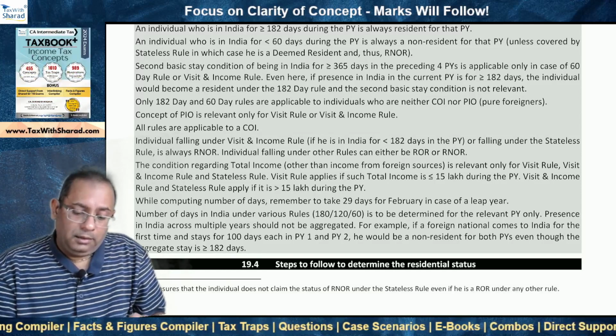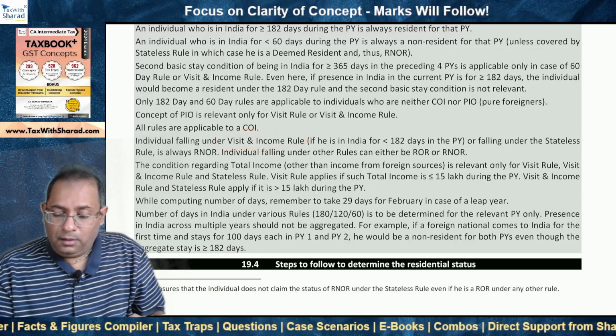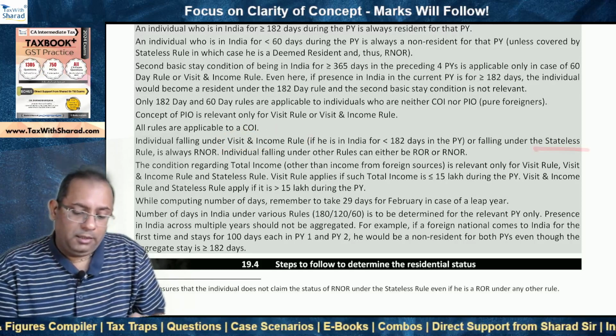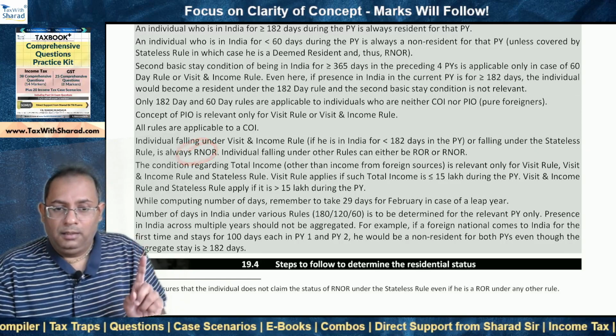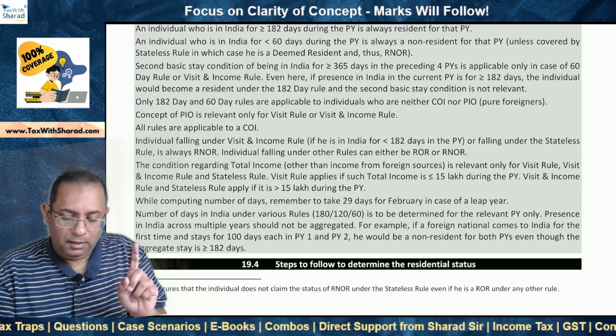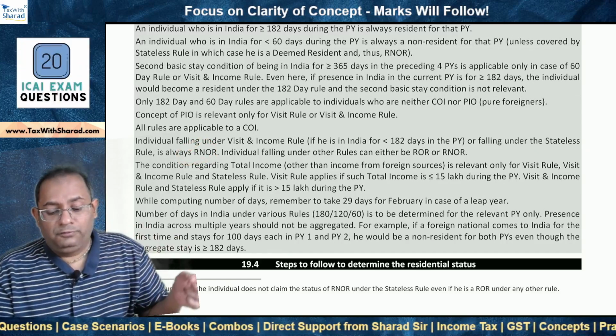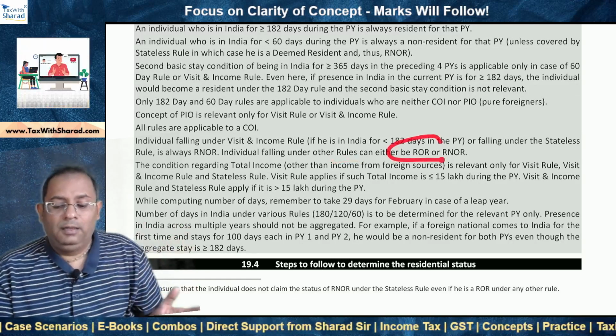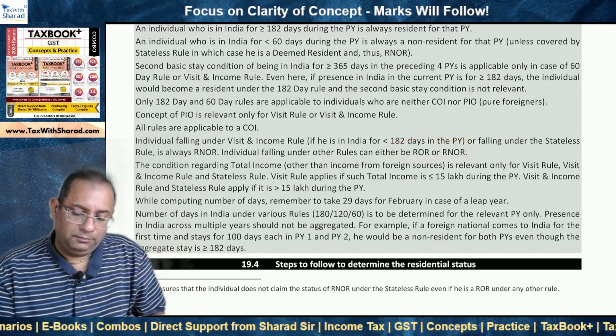So under the visit and income rule, or if the person is falling under the stateless rule, the person will not be an ROR, the person will always be an RNOR. But individuals who are falling under the other rules can either be ROR or RNOR.